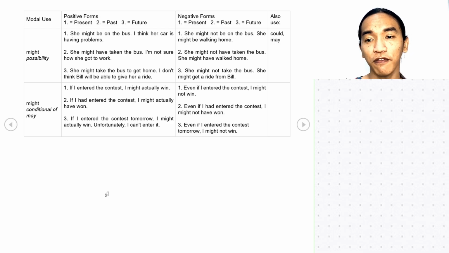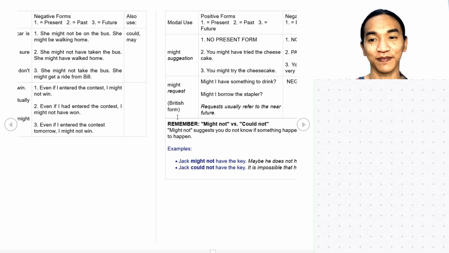For negative form, present: even if I entered the contest, I might not win. Past: even if I had entered the contest, I might not have won. Future: even if I entered the contest tomorrow, I might not win. All right? Do we understand those forms there?